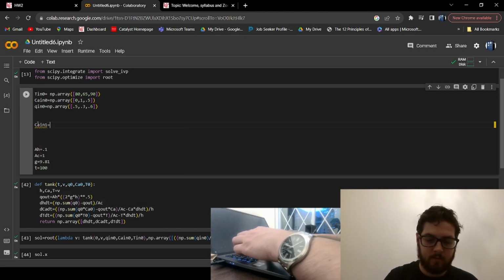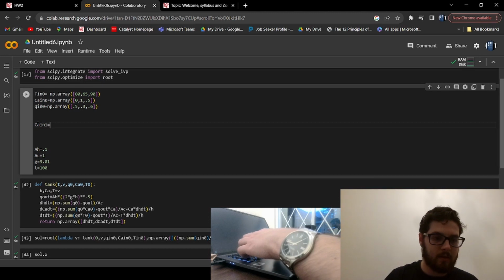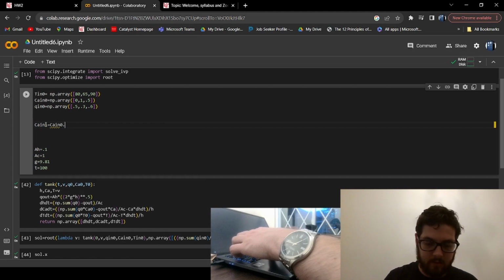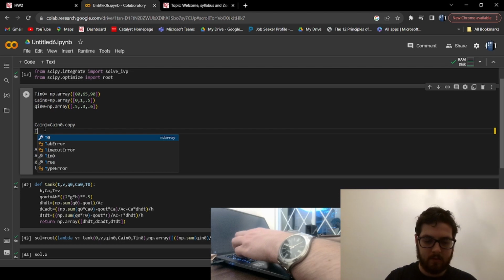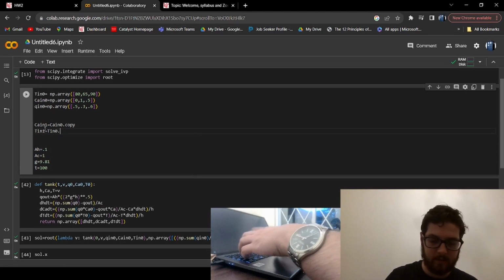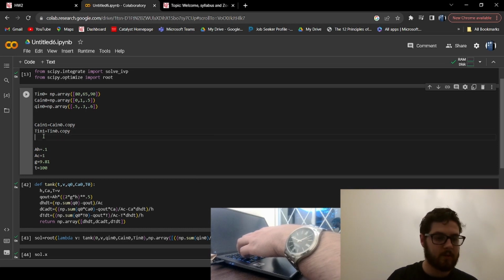We'll call this CA_in1 equals, I think I just got to go CA_in0.copy(), and then T_in1 is going to be T0.copy(), and then it's Q that's going to be different.